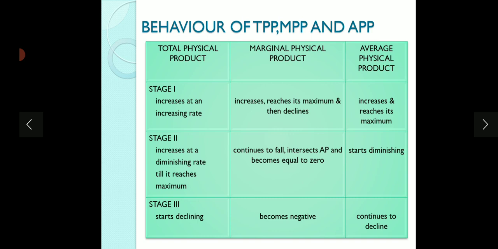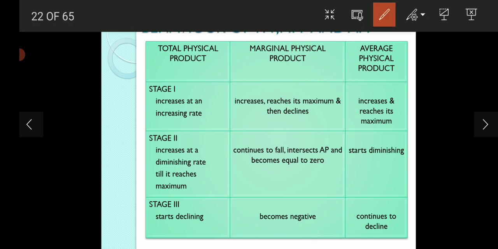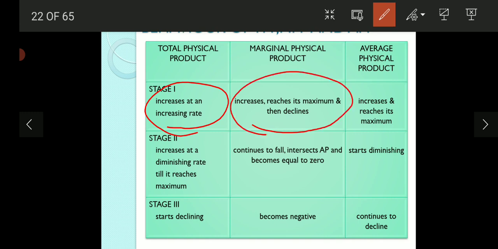Stage 1, TP increases at an increasing rate. MP increases, it reaches its maximum and starts to decline. And AP increases. Stage 2, TP increases at a diminishing rate and reaches the maximum point.